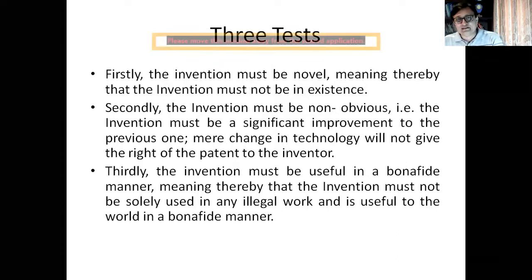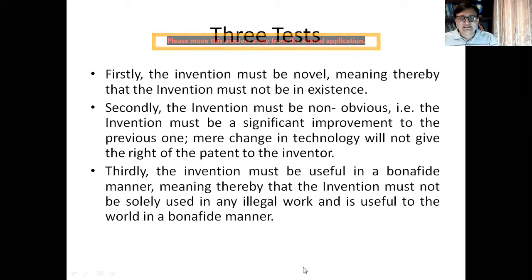It is patentable only if it is absolutely non-obvious. Thirdly, the invention must be useful in a bona fide manner.